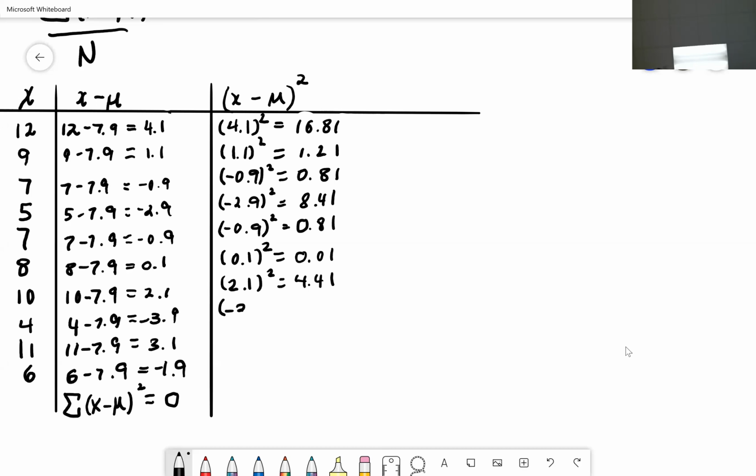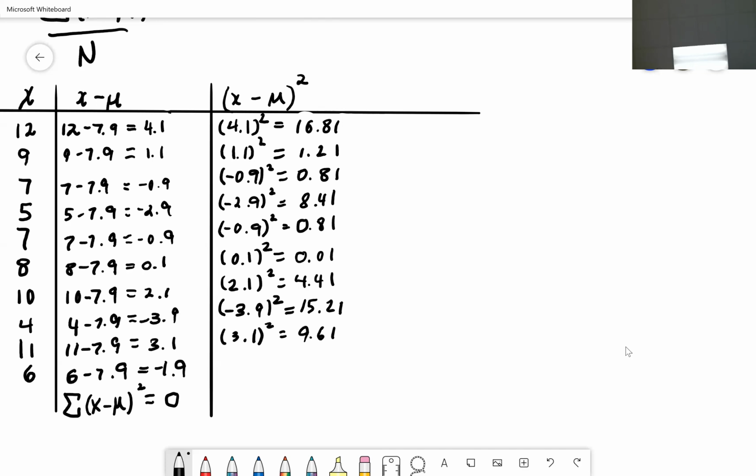I mean, it takes some time to do this, and it could be error prone, especially when we start adding, because we're putting a lot of numbers in, and who knows if you add or subtract depending on your calculator, and you gotta be careful. 9.61.